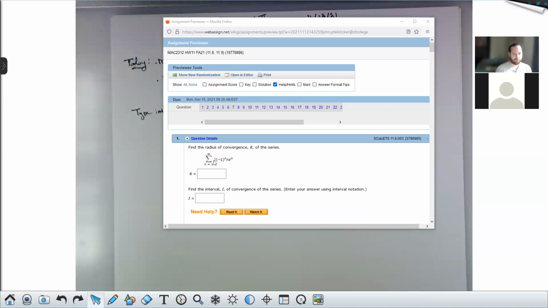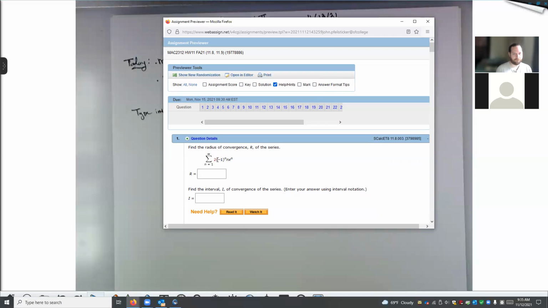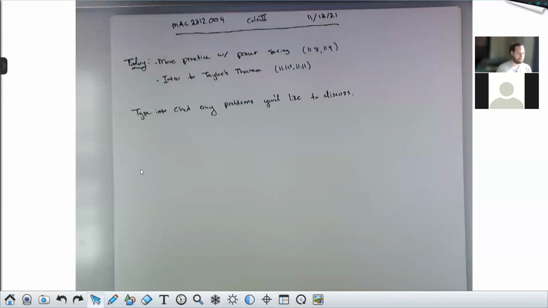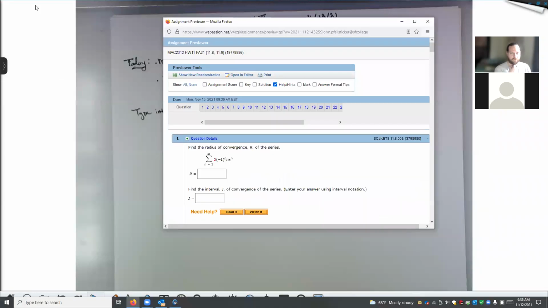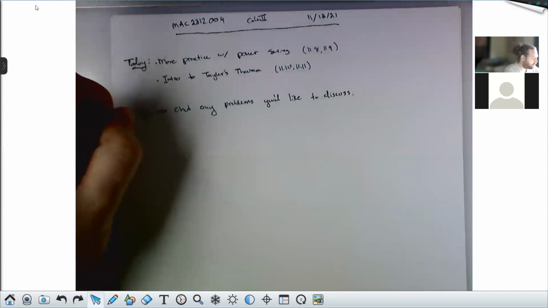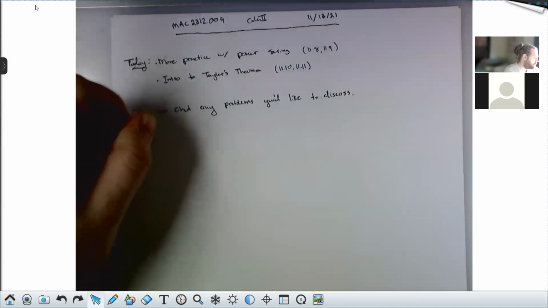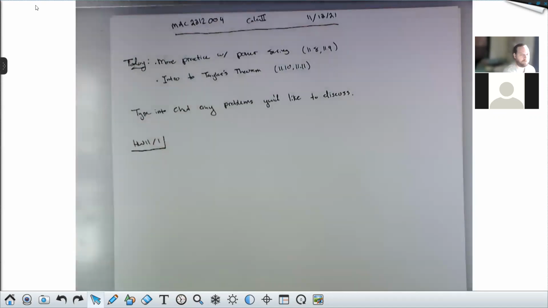So the series here, you've got some constant, maybe 2, maybe something else, times negative 1 to the n and x to the n. And we're summing from 1 to infinity. We want to find the IOC and ROC. This is homework 11, problem 1.